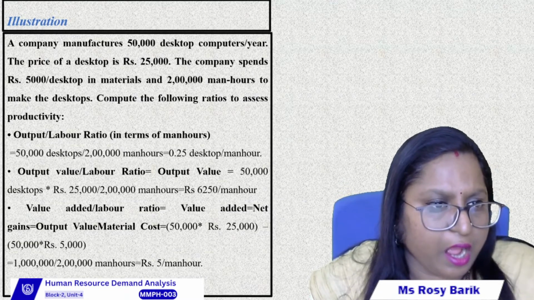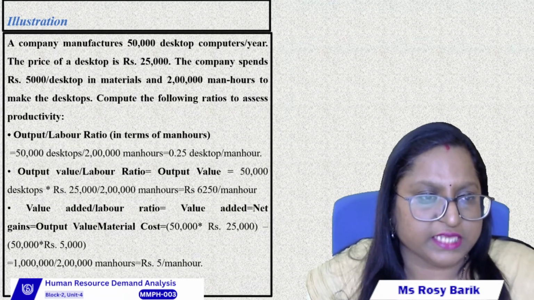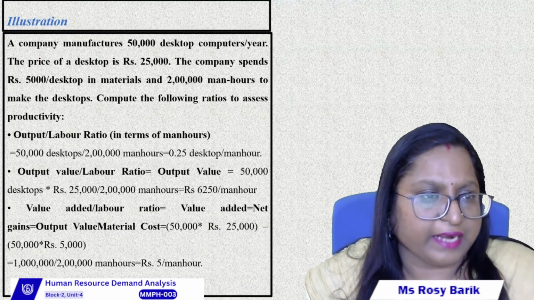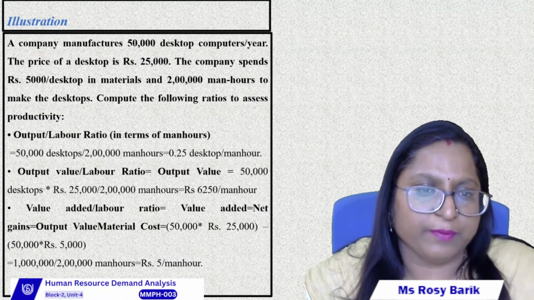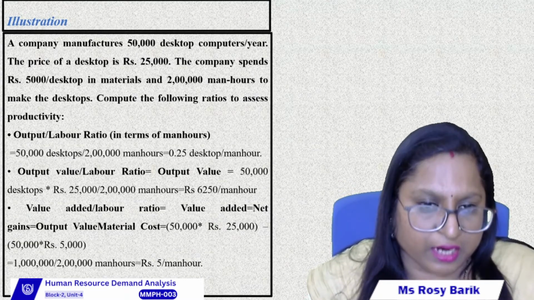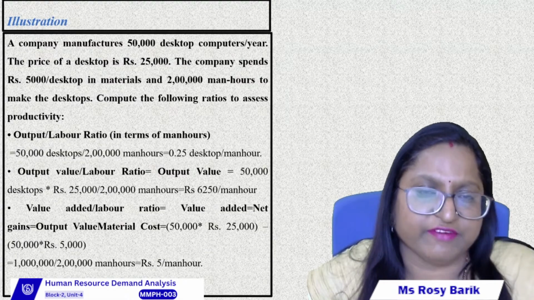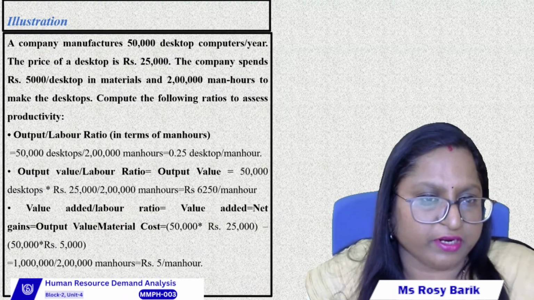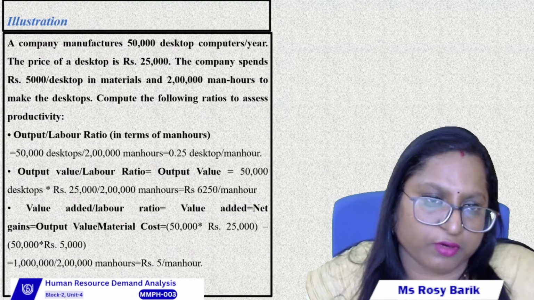Similarly, if we calculate the output value by labor ratio, the output value is 50,000 desktops into 25,000, divided by 2 lakh man hours. We can calculate it as 50,000 into 25,000 divided by 2 lakhs, and find the output value divided by labor, that is 6250 per man hour.